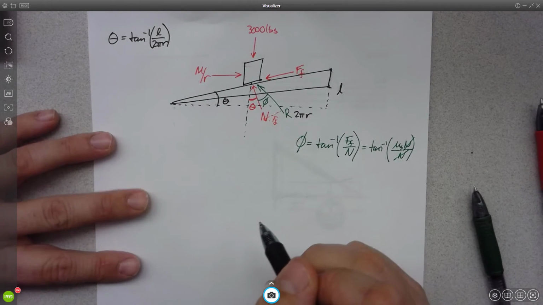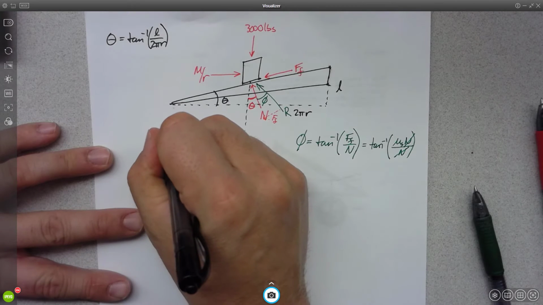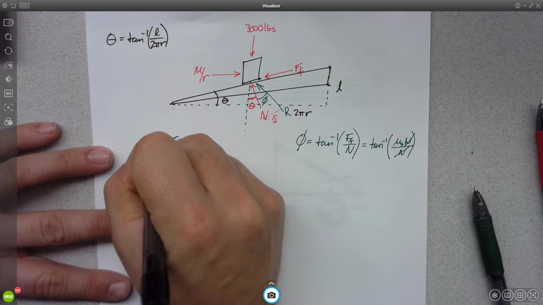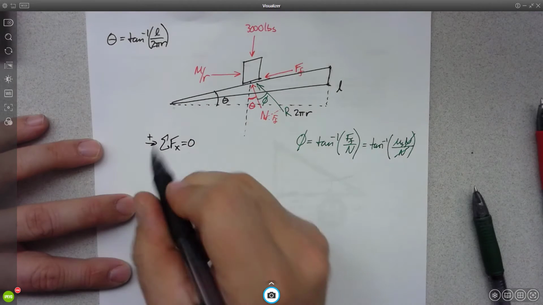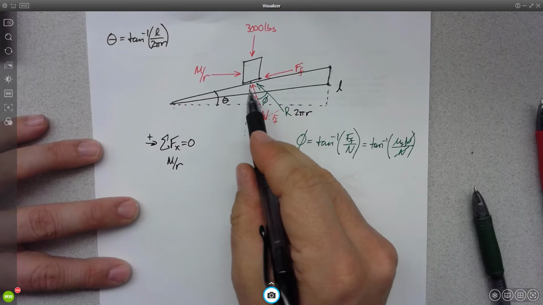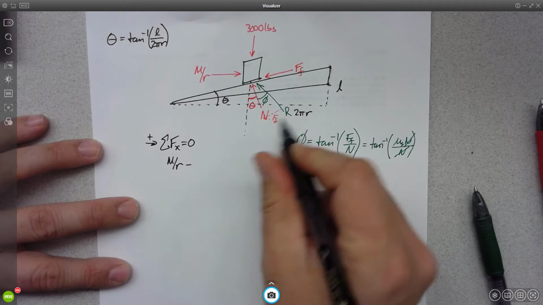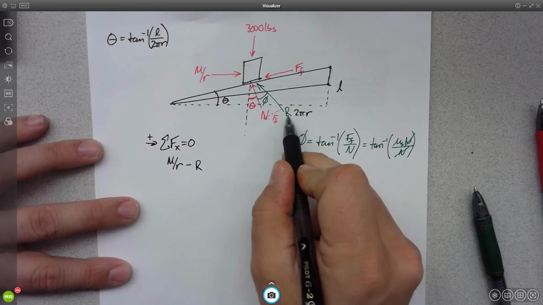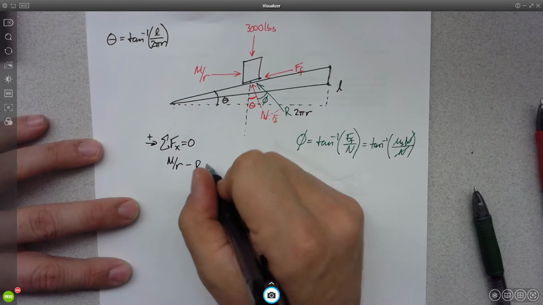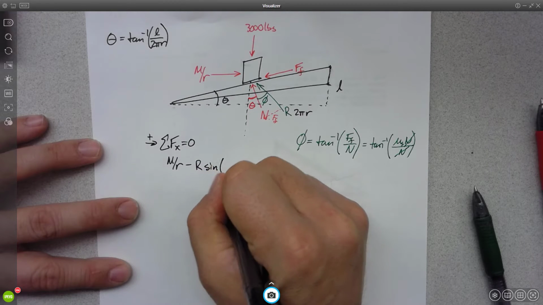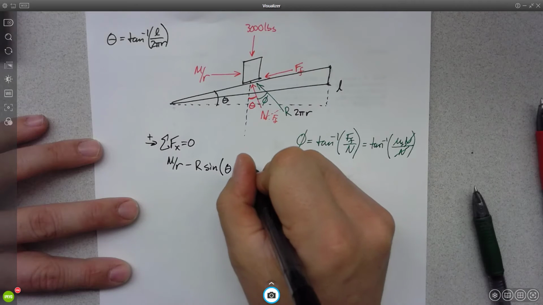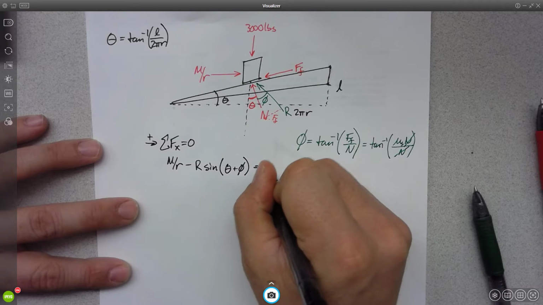Now, let's do our equations of equilibrium on this. We'll sum the forces in the x and set them equal to 0. So it looks to me like I have M over r minus R, the resultant, times the sine of theta plus phi equals 0.